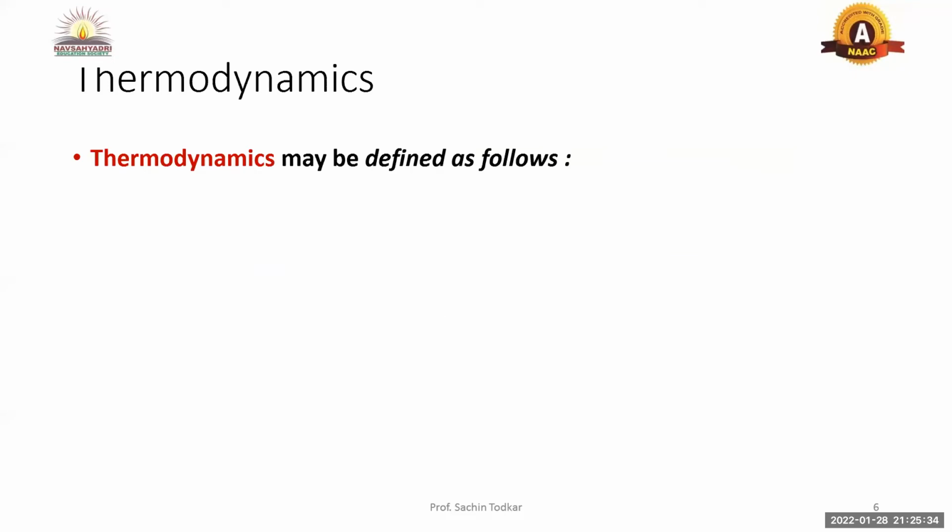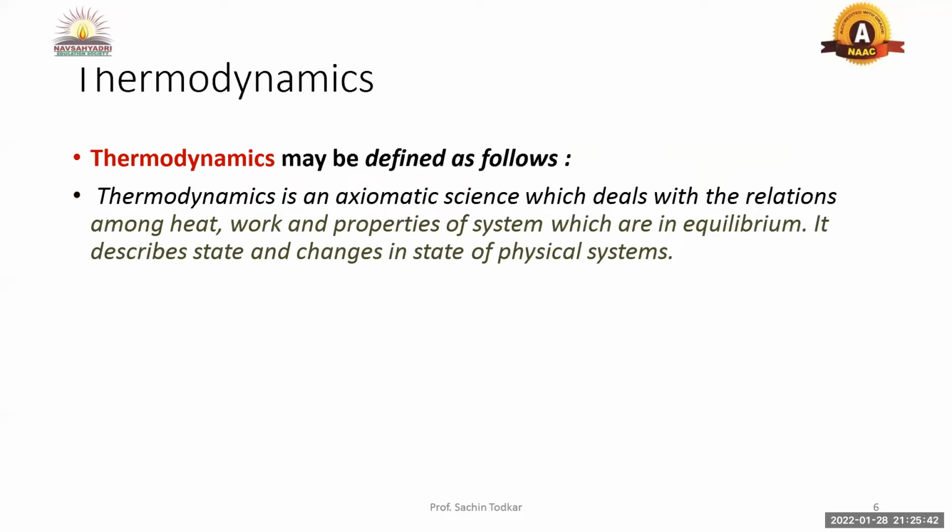Now we'll see some classical definitions of thermodynamics. Thermodynamics may be defined as an axiomatic science which deals with the relations among heat, work, and properties of systems which are in equilibrium. It describes state and changes in state of a physical system.